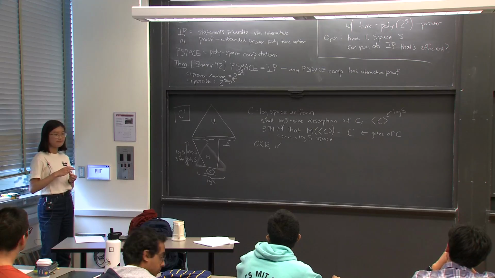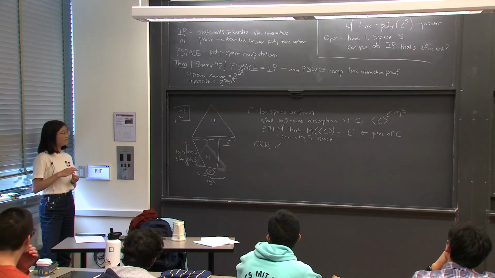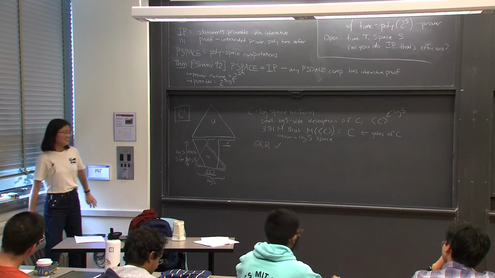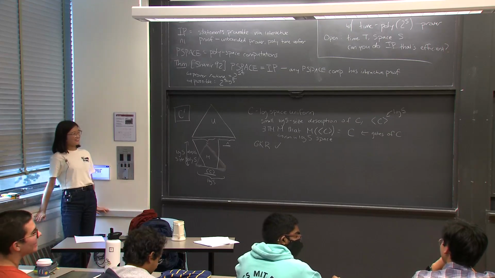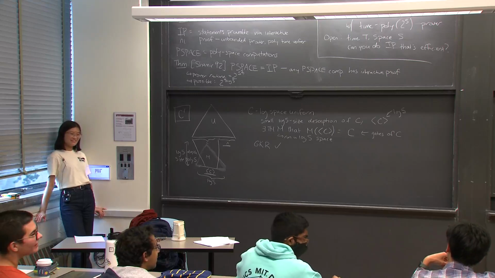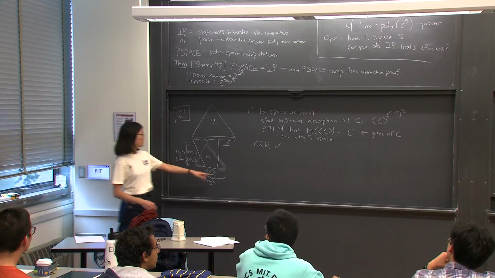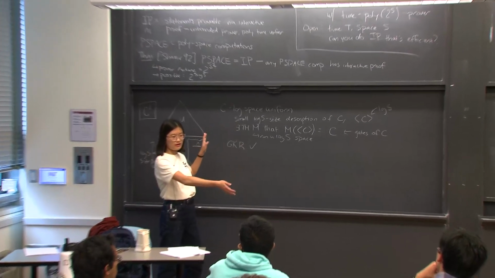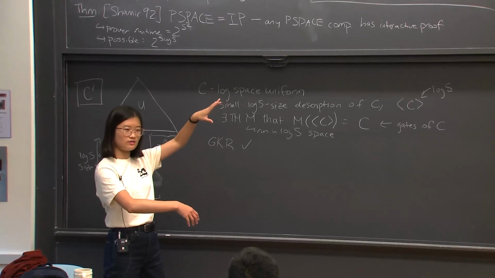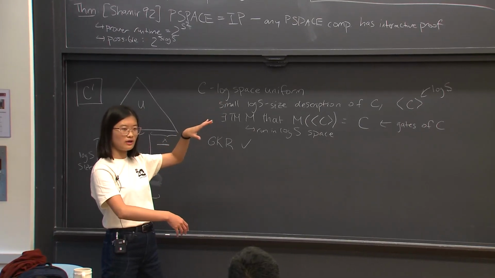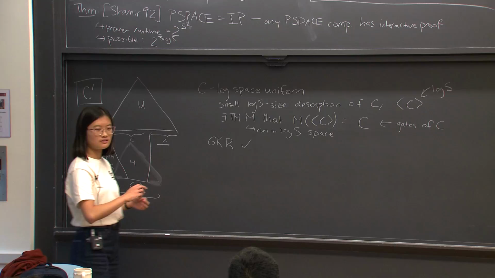Is polylog space uniformity enough to make everything work? I'm going to delegate that question to somebody else. I don't know how log blows up. Probably not, right? Because the transition matrix A is going to be 2 to the description size, or the space. So if you have larger space, it's really bad.